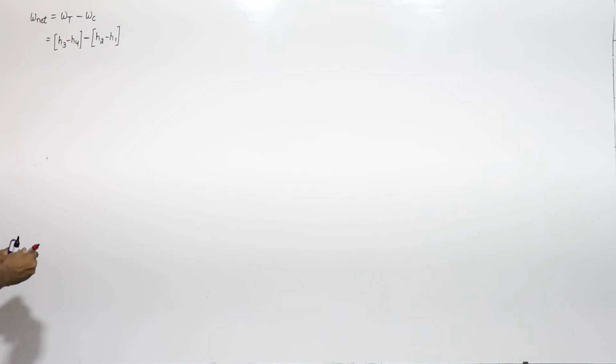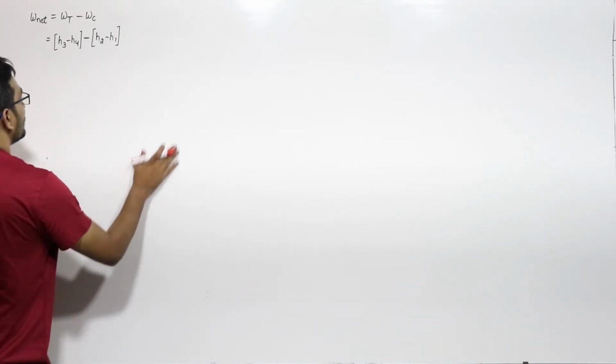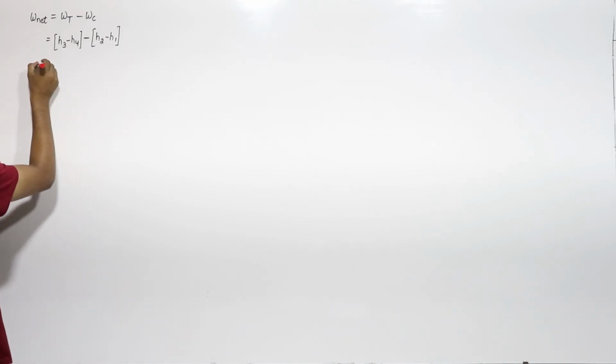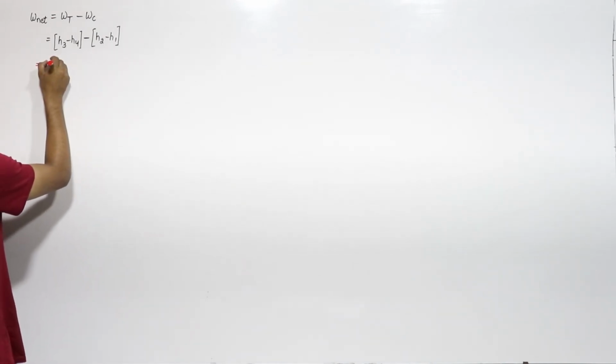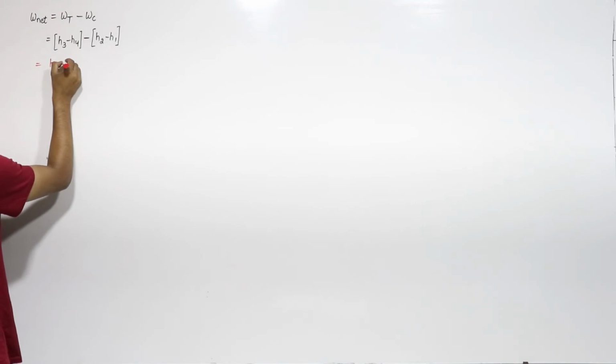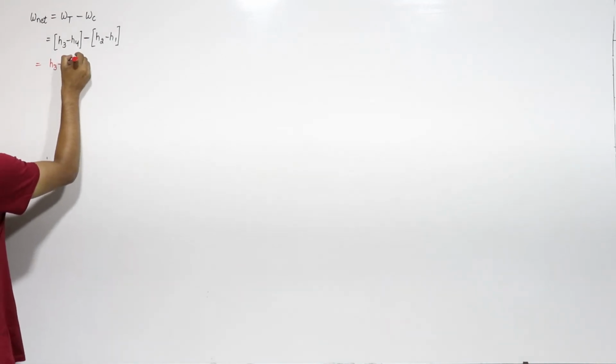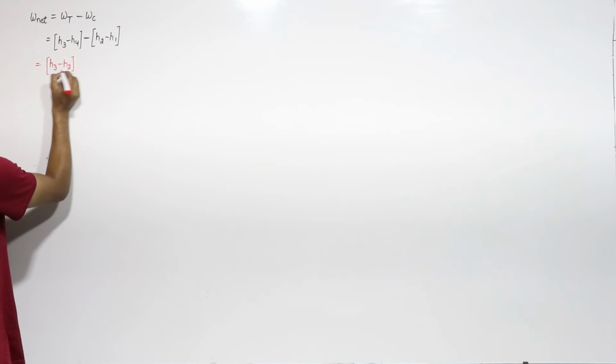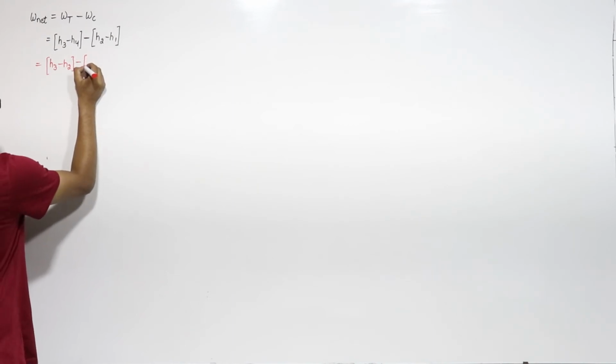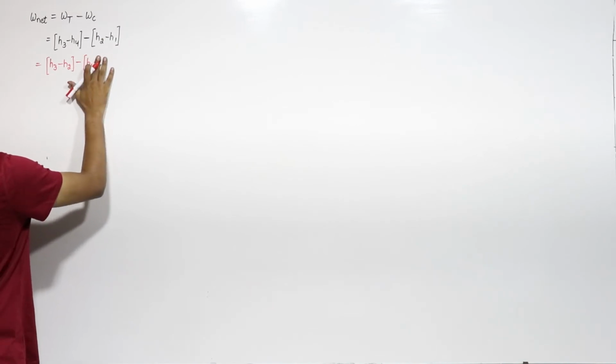These formulas we are writing while neglecting the changes in kinetic energy and potential energy during the process. So this can be written as H3 minus H2 minus of H1 minus H4, or H4 minus H1.